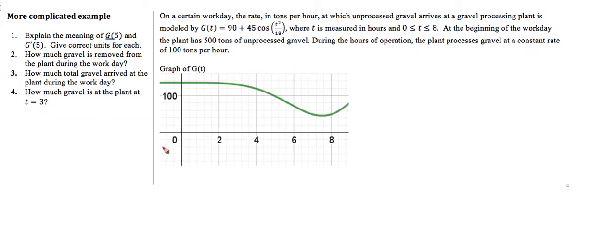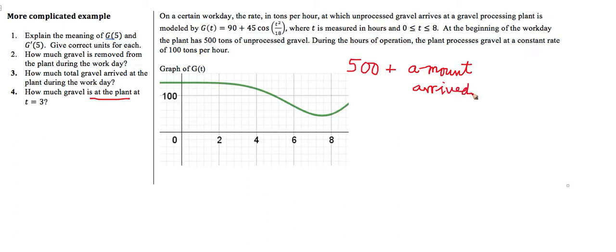All right, so in number 4, we want to know how much gravel is actually at the plant when t is equal to 3. And so we have to take a lot of things into consideration. Okay, so at the start, the total amount that is at the plant, we know that at the start we had 500 tons of it, and we want to add the amount arrived. Okay.